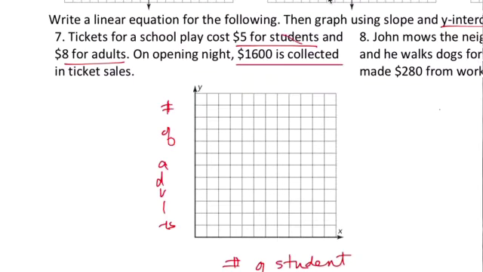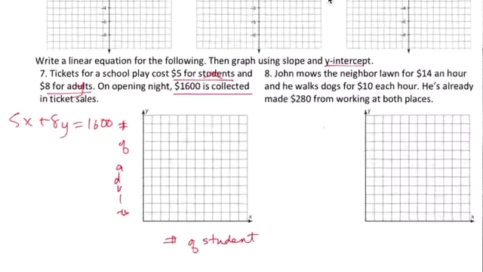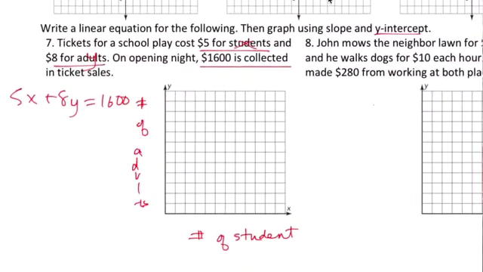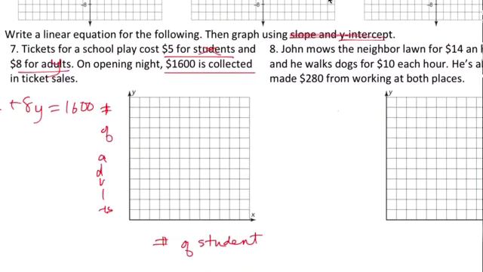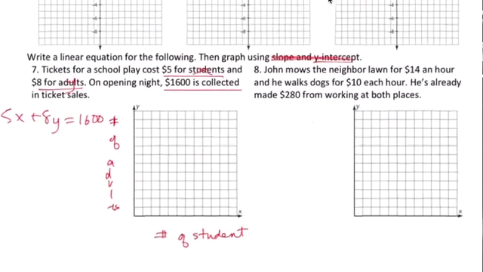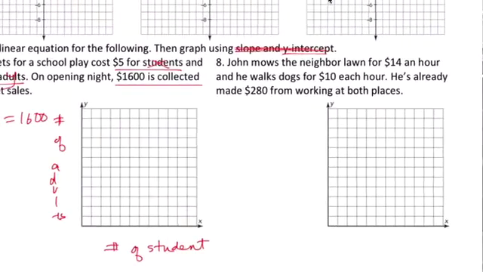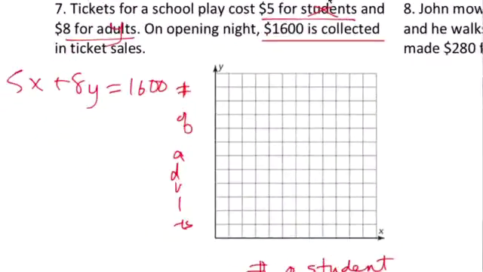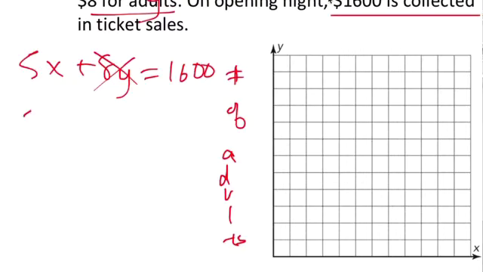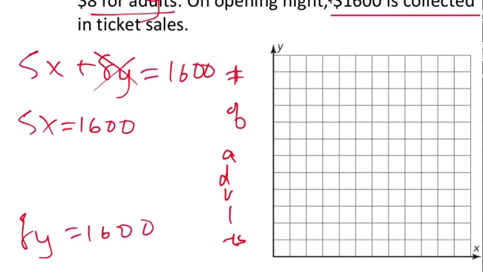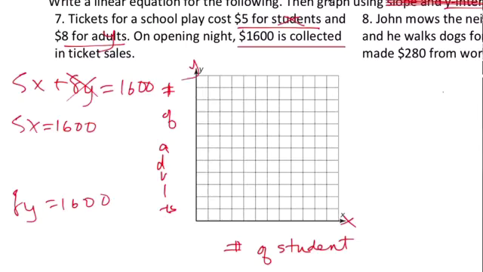So x and then y. So 5x plus 8y equals 1600. Then use slope and y-intercept. Okay, no. Let's change this. You need to use the cover method, x and y-intercept for this one. It's too big of a number not to. 8y equals 1600. You solve it that way and you put your x and y-intercept.